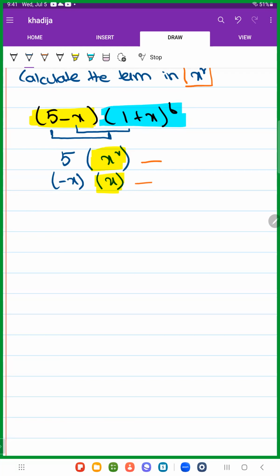What is the relationship between t and r? Whatever the term value is, the r will be 1 less than that. So if I want x squared, I will take t3. So 6C3... no, 6C2, sorry, because r is one less. So 6C2, 1 to the power 4, and x to the power of 2.